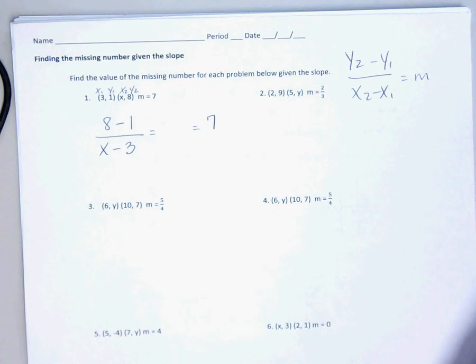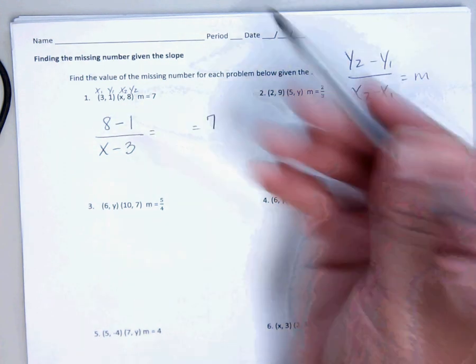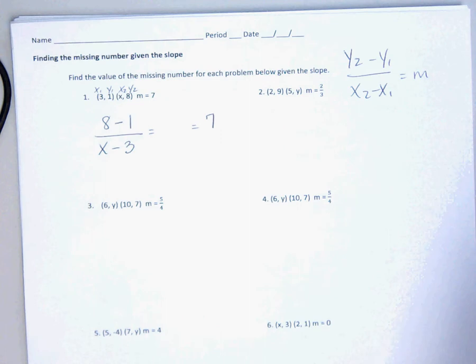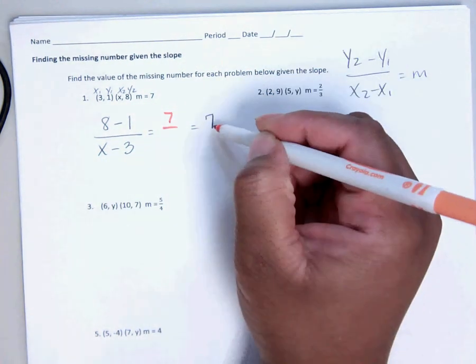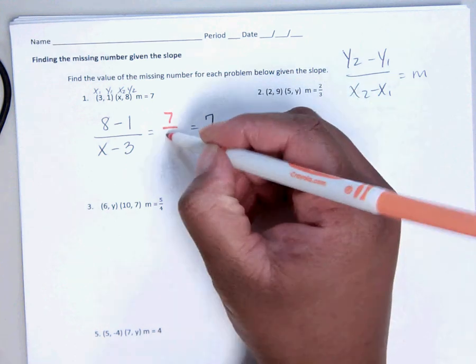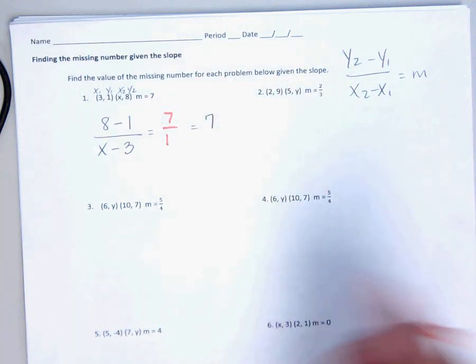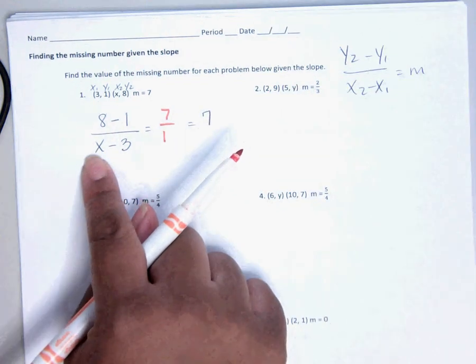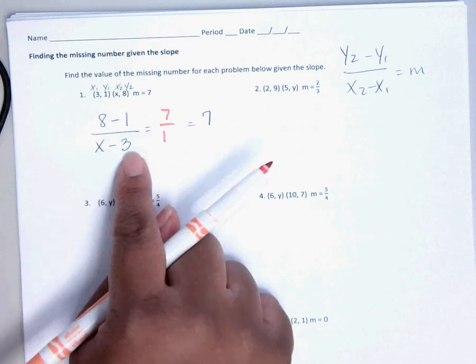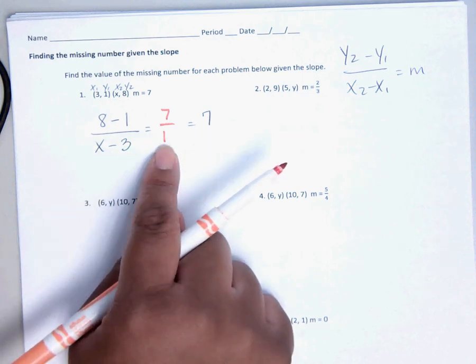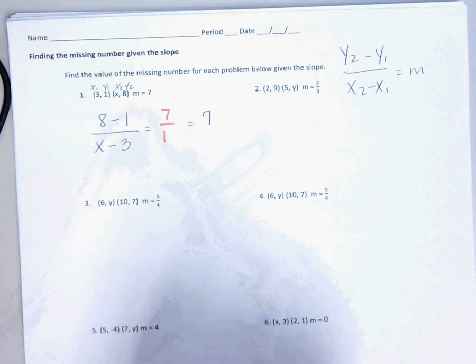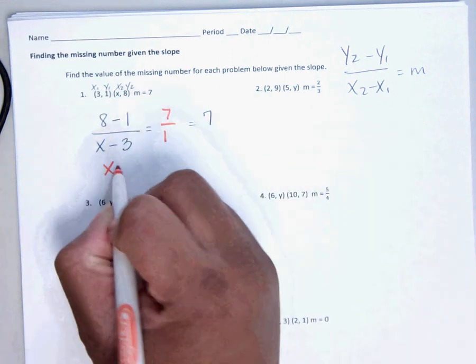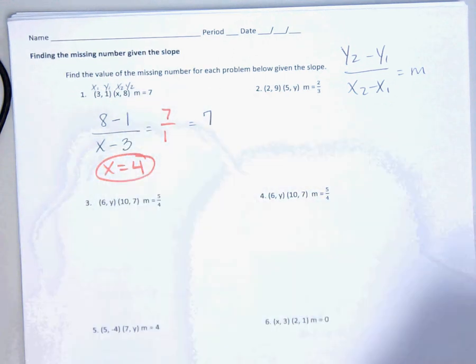Now, I know that 8 minus 1 is truly 7. And I know that 7 is the same thing as 7 over 1. So what does this number need to be so that when I subtract 3, I get 1? 4 minus 3 is 1. So the answer to number 1, x is 4.